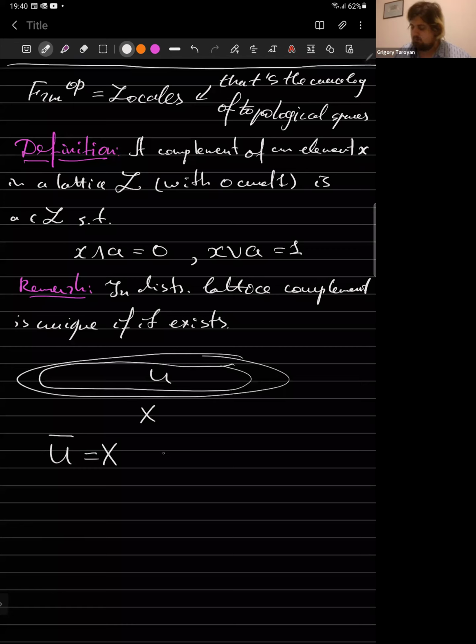Then the complement of U, if it existed, should be the interior of X without U, which is an empty set, obviously, because of the density condition. But the condition that U together with an empty set is equal to X is not satisfied. So we don't have a complement in this sense.